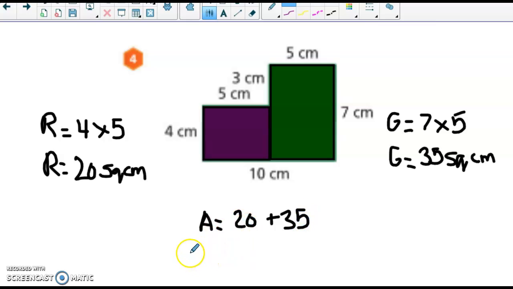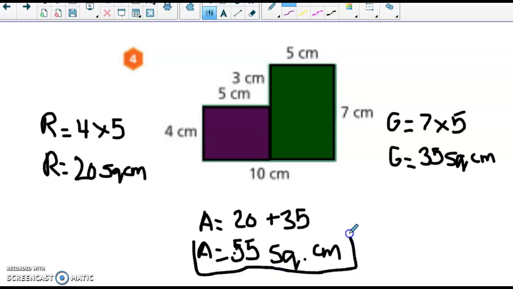I know 35 plus 10 would be 45. Another 10 would be 55. So my total area is 55 square centimeters. So double check yours. Even though you might have split the rectilinear shape into different rectangles, you should still have the same area.